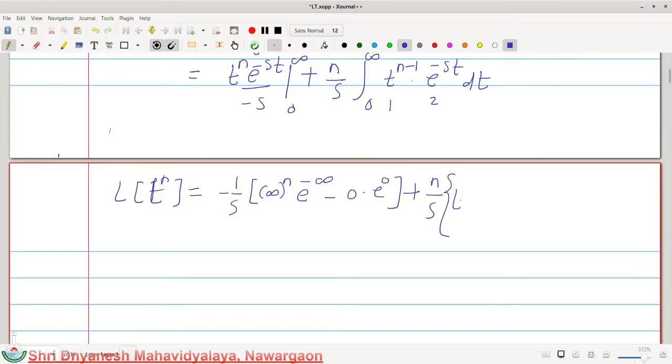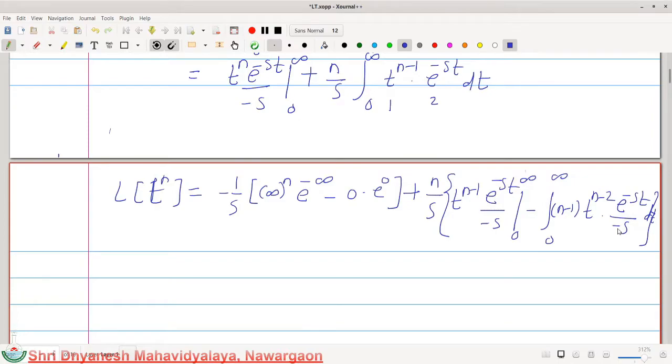So first function, that is t to the power n minus 1, integration of second function will be e to the power minus st upon minus s with the limits 0 to infinity, minus integration of derivative of first function. What will be the derivative of first function? It will be n minus 1 t to the power n minus 2 into integration of second will be e to the power minus st upon minus s dt.